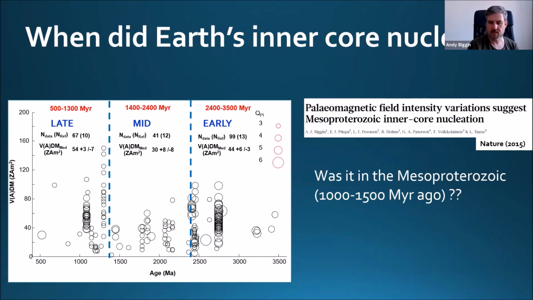So this was our study from 2015, when we suggested that this point of nucleation happened sometime in the Mesoproterozoic between 1 and 1.5 billion years ago, on the basis of a distinct distribution of dipole moments that's much higher after this time period, in this later bin.